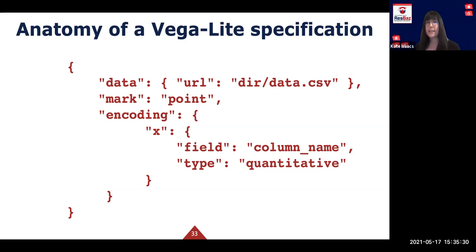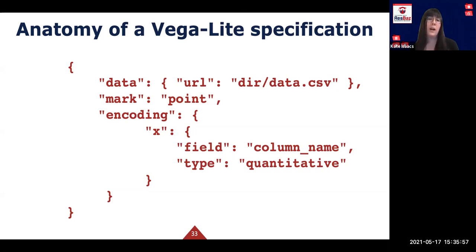And then finally, this idea of encoding. And inside encoding, which is another object, you have keys and values. The key here in this example is X, and that tells you that X position is the channel we're using. And then inside, there are two required fields. Well, I guess, well, you will talk about this, but field, I talked about, that means something like attribute.